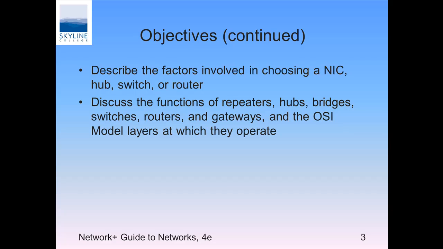A gateway also can be a piece of software that allows a PC to connect to a mainframe. That kind of gateway can be at any layer of the OSI model, so we do have some layer 4, 5, 6, and 7 devices now. It's called a gateway. And the OSI model layers at which they operate, I tried to cover some of that as we went through this.